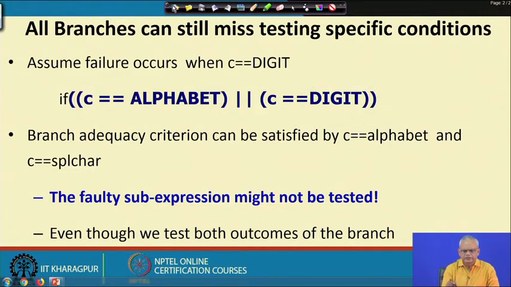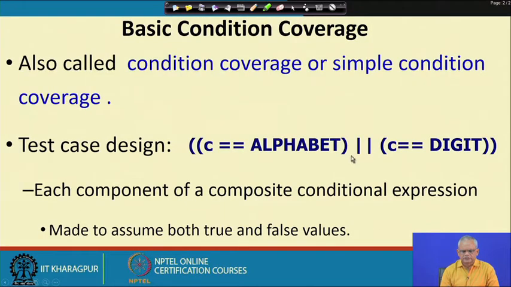Let us look at the basic condition coverage testing. In basic condition coverage testing, for a branch condition having multiple clauses, which we will call a complex condition, each of the sub expressions or clauses is required to achieve true and false values.